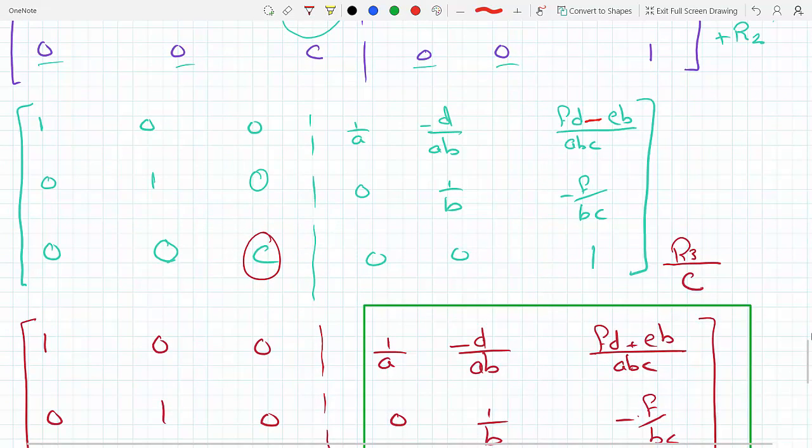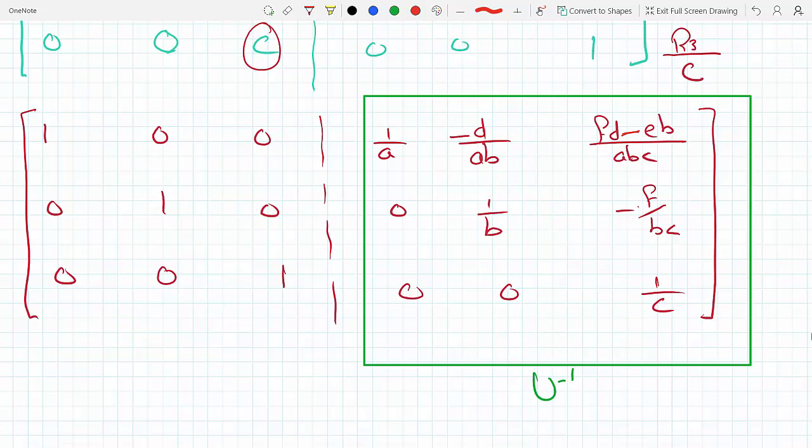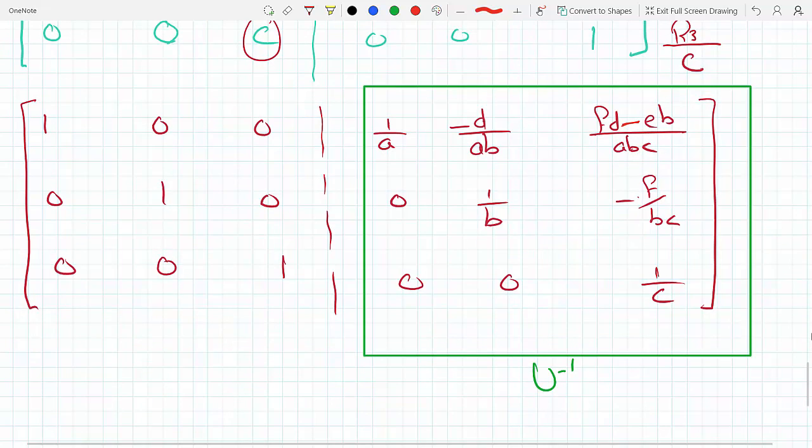Okay, good. Here we didn't do anything with this, so there's a minus here. Okay, good. fd minus eb. Okay, so now this is the inverse of my matrix.